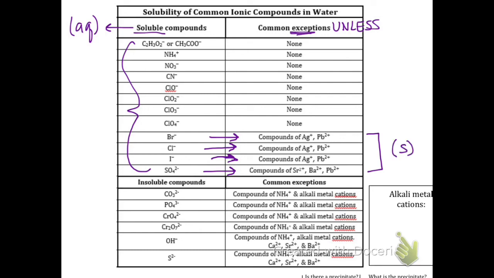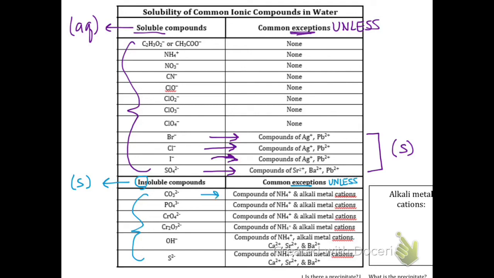Okay, then you have the bottom of the chart here. You have the insoluble compounds, meaning that you will create a solid compound. So all of these are always solid unless it's with one of these exceptions, right? So all of these have exceptions.